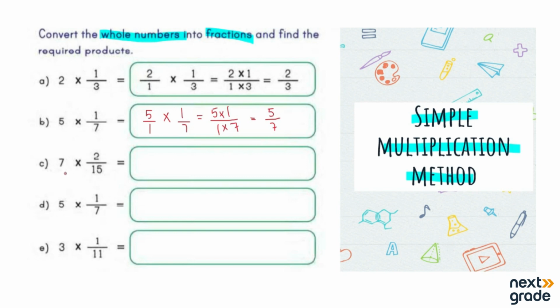Next we have 7 whole number and 2 by 15 as a fraction. So we are going to convert the number 7 into fraction by putting 1 under the number 7, and then we are going to multiply it with the fraction. Let's write the numerator together.